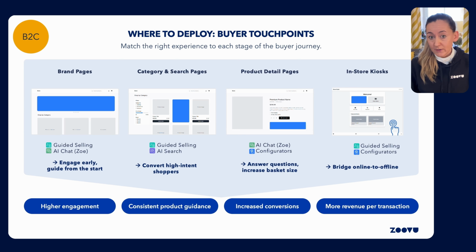On product detail pages, Zoe answers those final questions. Configurators go even further, letting shoppers customize, for example, color, accessories, and features, not just picking a product, but really making it theirs. And with deployment to in-store kiosks, you can bring the same experience offline. So every touch point becomes an opportunity to guide, convert, and grow.